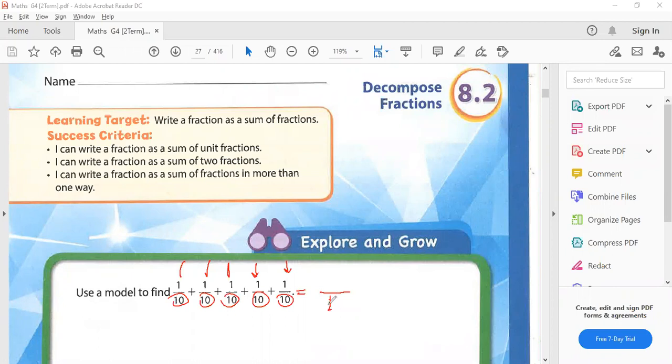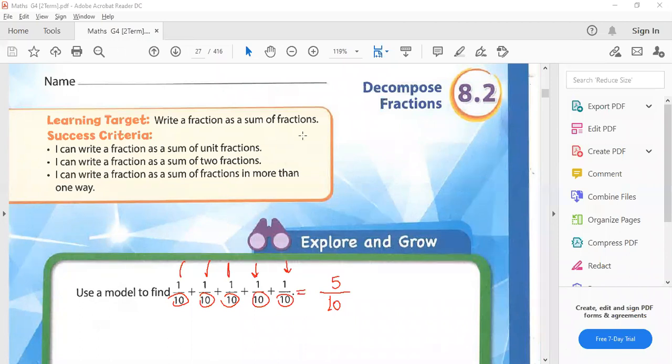Just add the numerators, 1 plus 1 plus 1 plus 1 plus 1, which is 5. So it will be 5 over 10, 5 out of 10. It is very easy to add many fractions like this if you have the same denominator, as we mentioned yesterday.